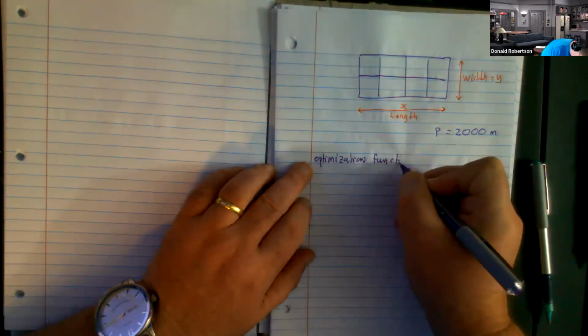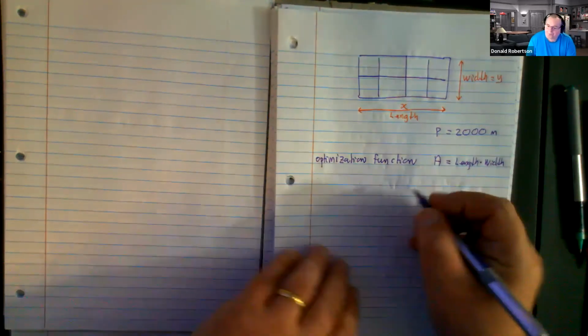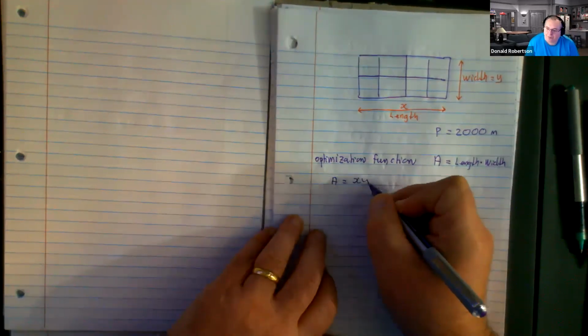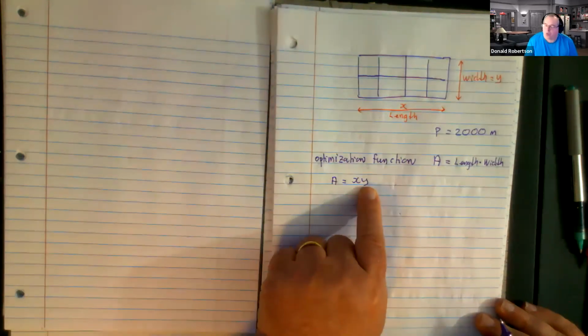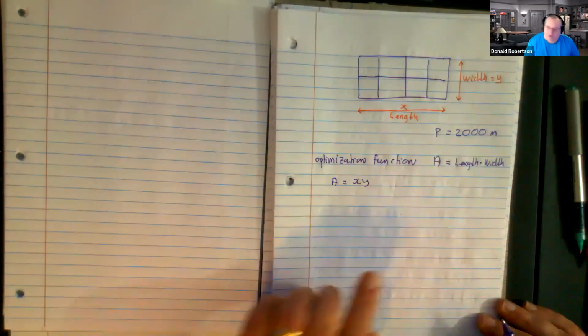In this story, we are trying to find the largest area you could get. And so my optimization function is the area of this. And the area of this is X times Y. And somehow or other, we have got to get X, or Y, I should say, in terms of X.